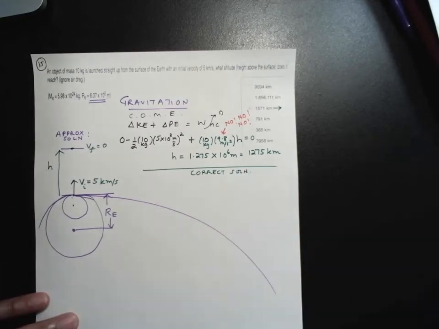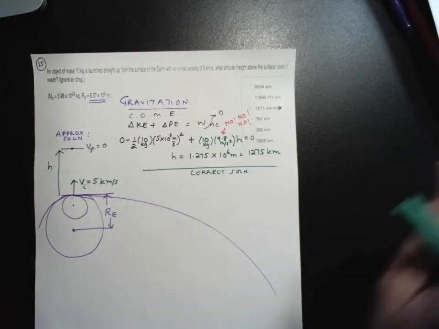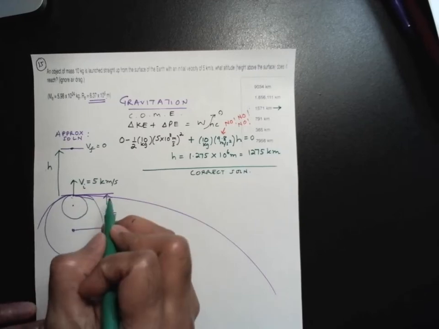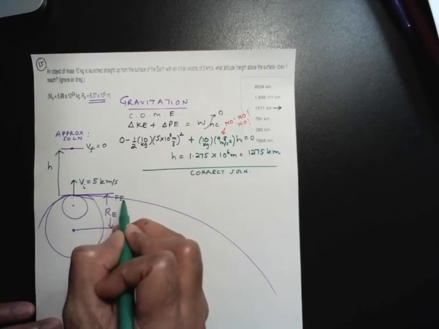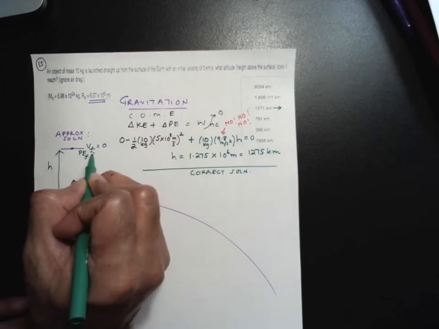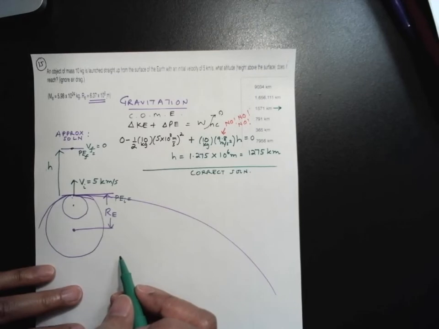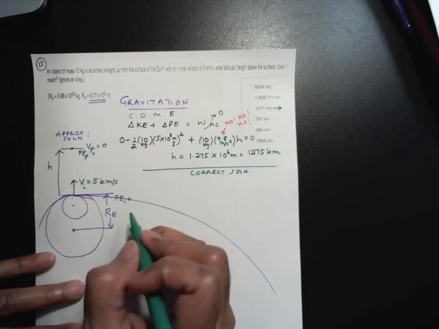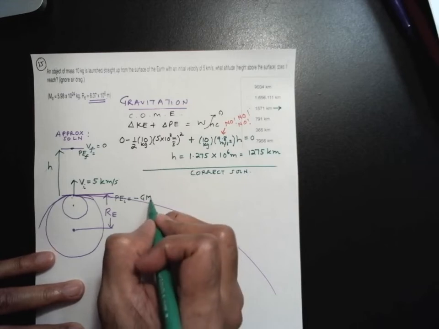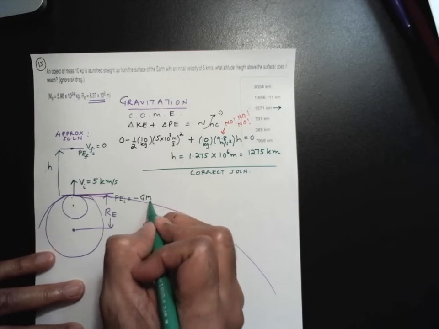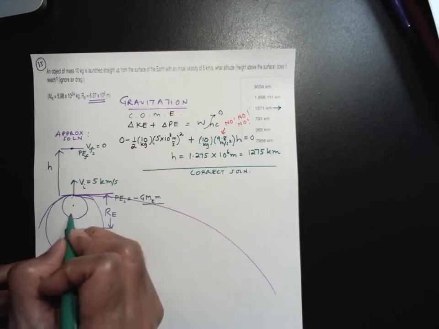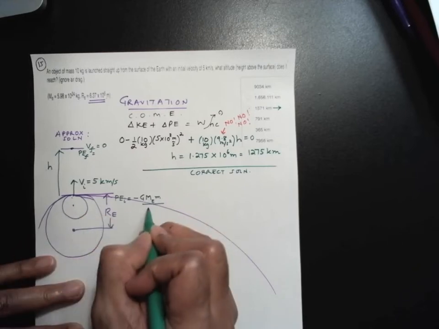Correct solution. We need the PE initial and PE final. When you're using gravitation, you've been taught that the PE initial is minus G times the mass of the Earth times the little mass, divided by the distance from the center of the Earth.